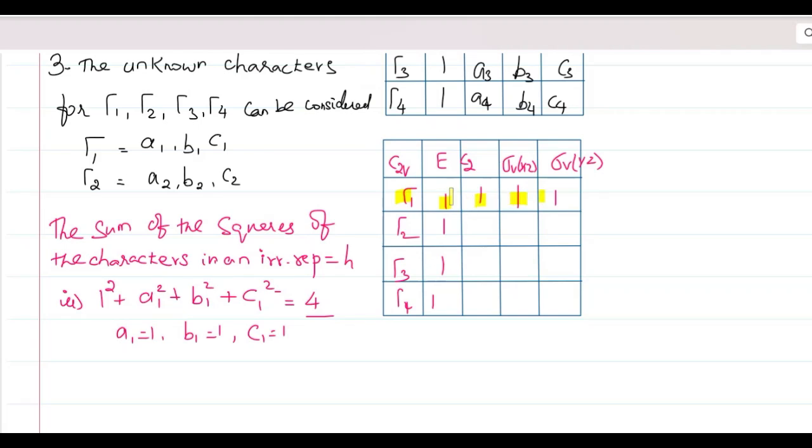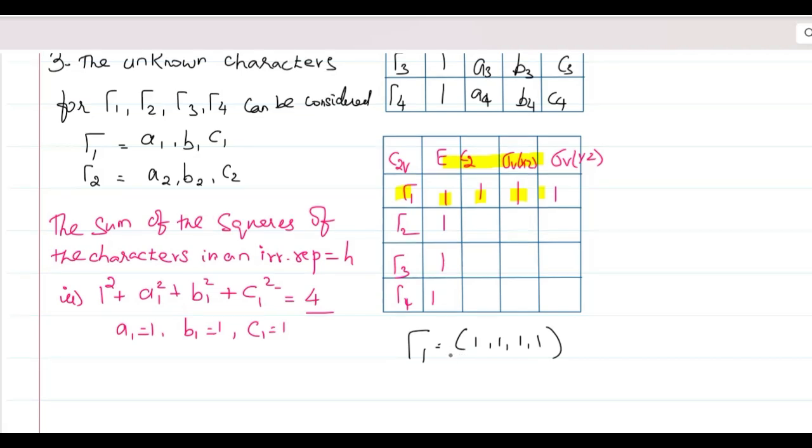That means the characters corresponding to all the operations must be +1.